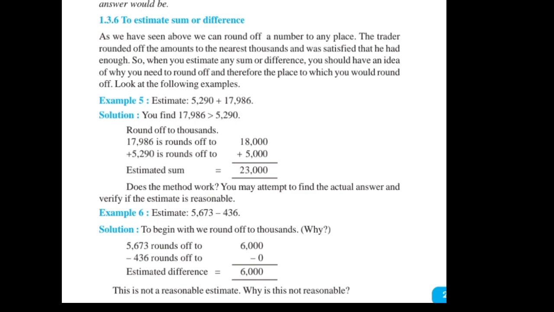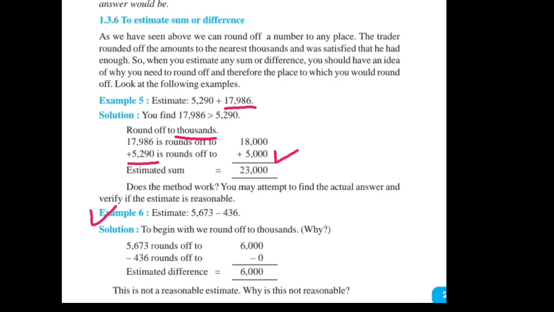So round off to the nearest 1000. 17,986 means 18,000, and the round off of 5290 is 5,000. Now the estimated sum is approximately 23,000.